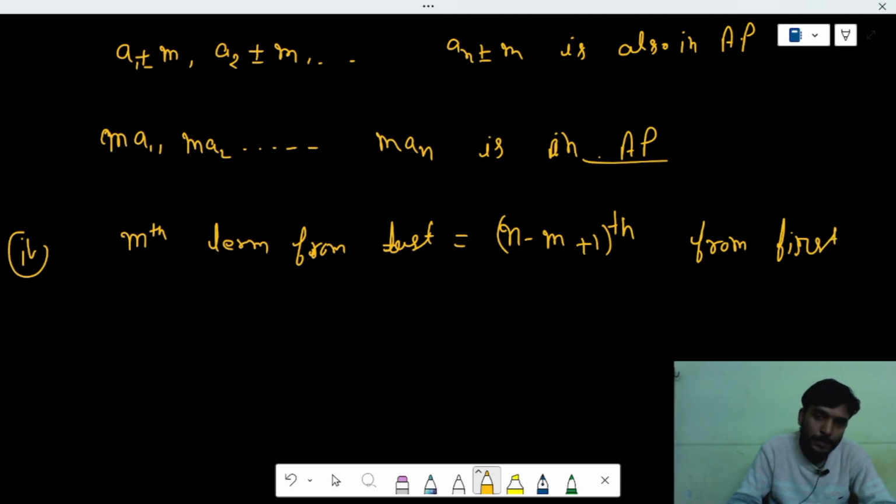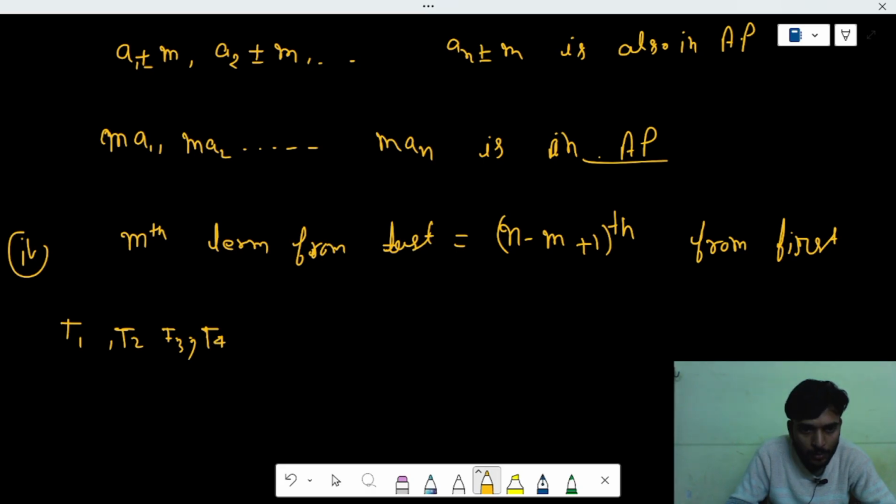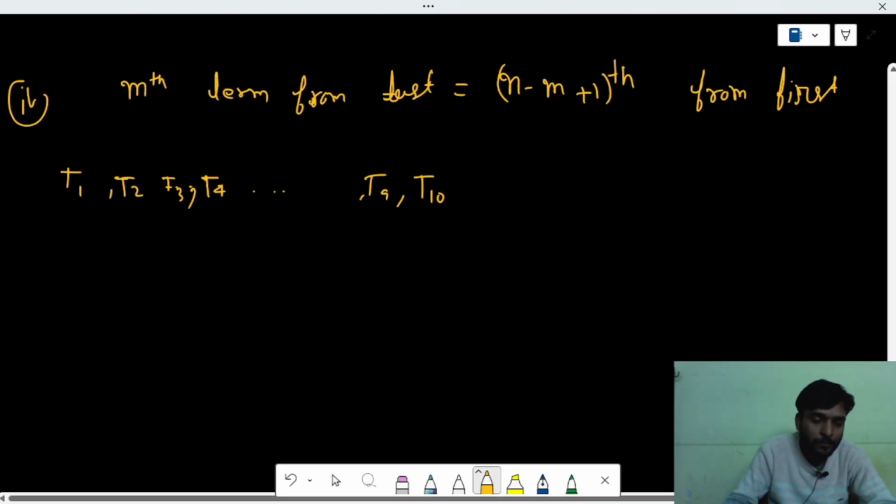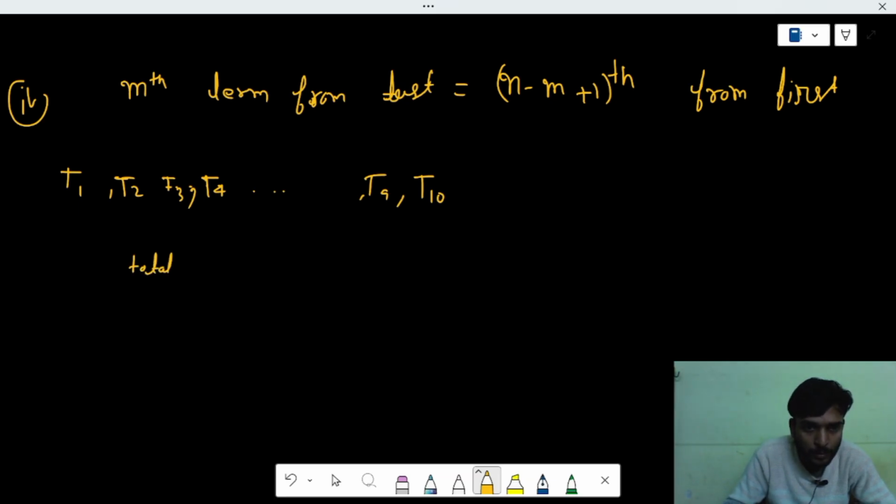Let us take an example. Suppose T1, T2, T3, T4 and so on up to T10, and the total number of terms is 10.